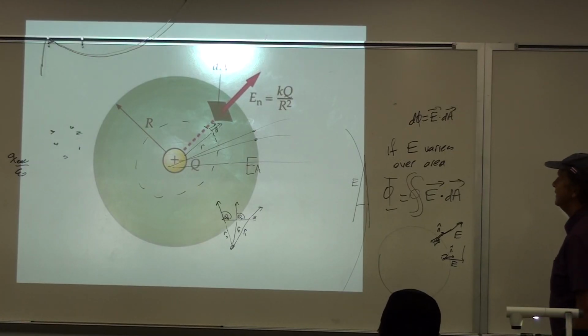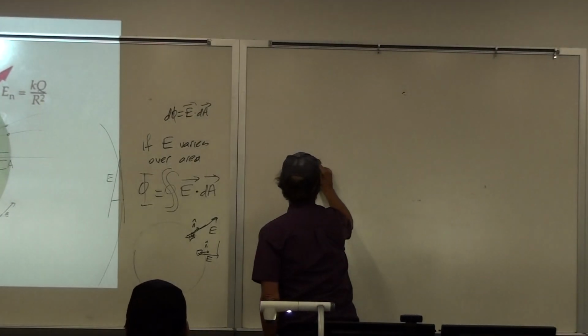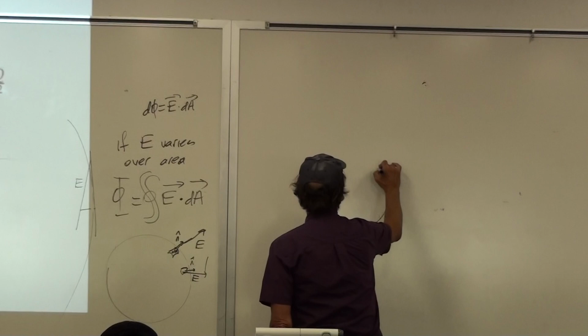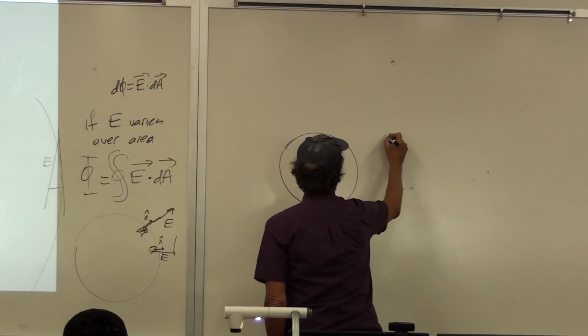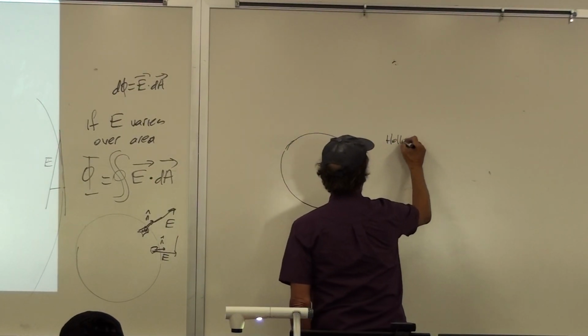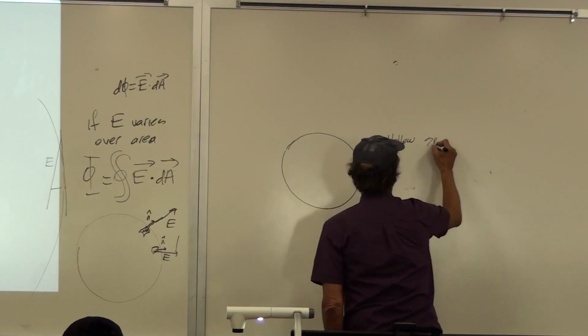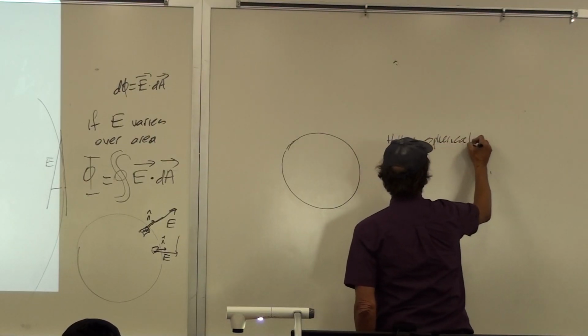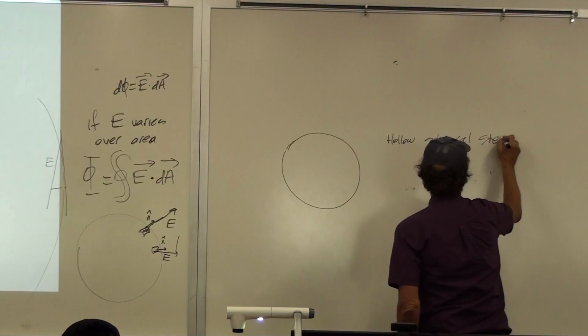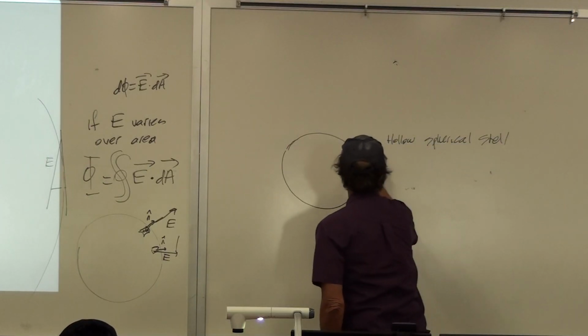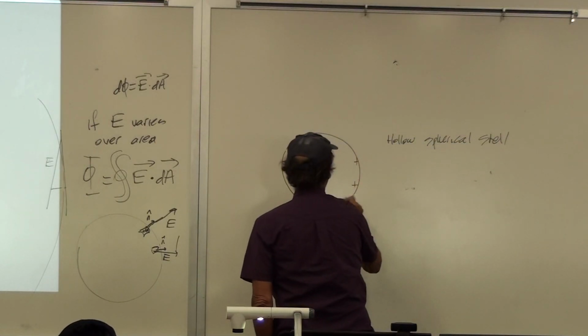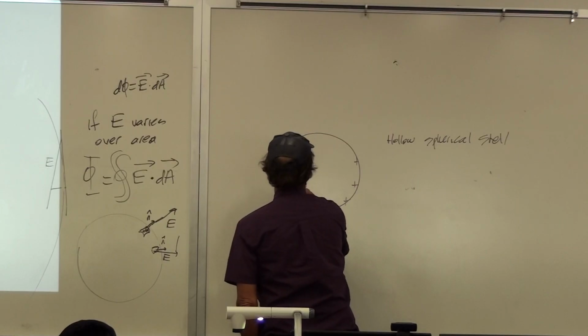Okay, next thing I'd like to do is say, well, what if we have a hollow spherical shell? Nothing on the inside, with a surface charge density of sigma.